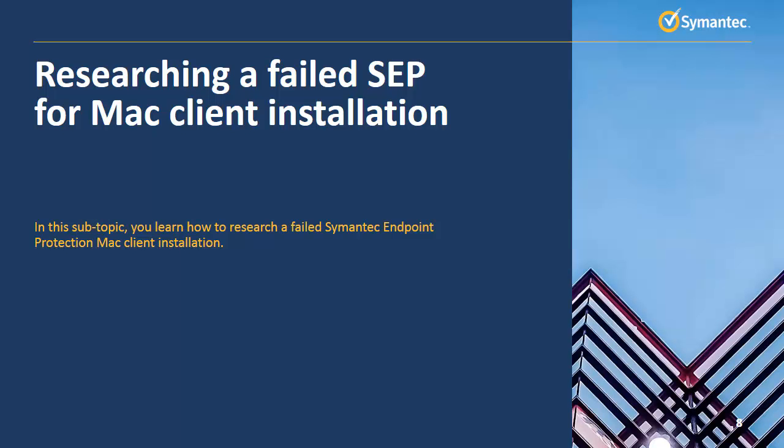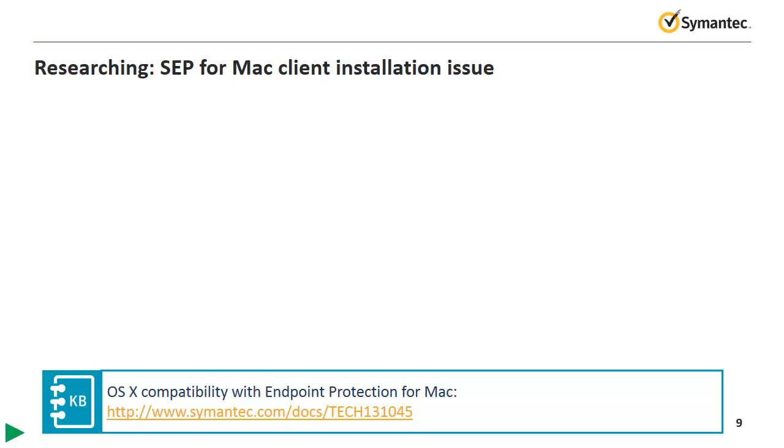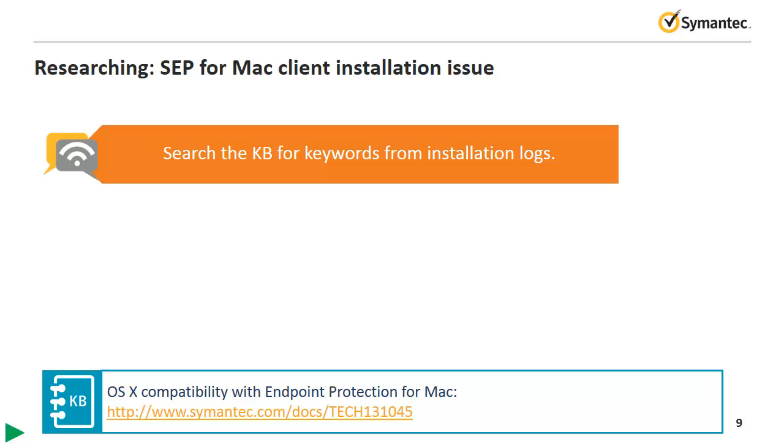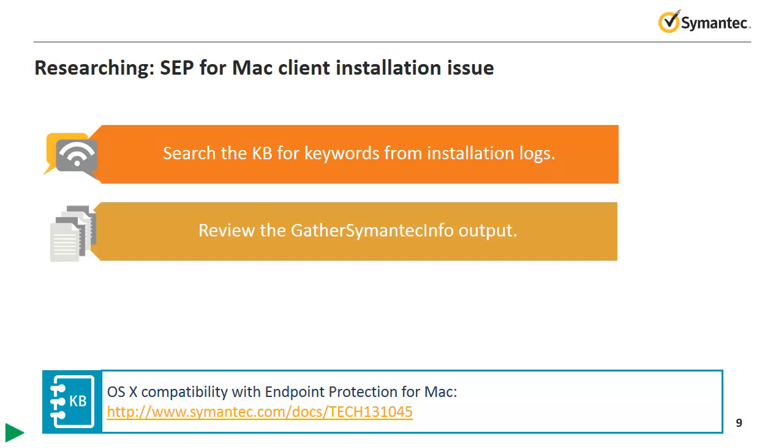After identifying the deployment method and reviewing the installation logs, it's time to research. When researching a SEP for Mac client installation issue, use the keywords that you gathered to search the Symantec knowledge base. The search results show potential solutions that you can use in the repair and validate phase. You can also search or post on Symantec Connect.